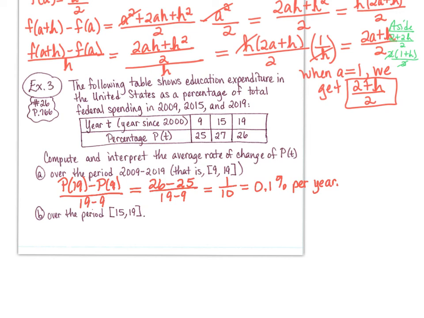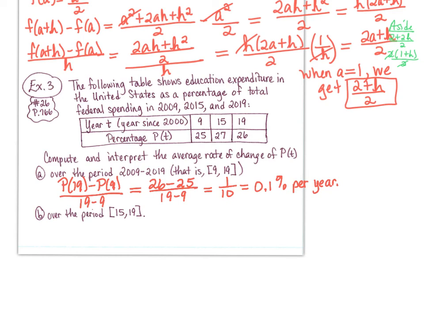Okay, so that means the U.S. education expenditure is projected to have increased at an average rate of 0.1% per year during the years 2009 to 2019. Got it? Thumbs up? Okay. All right.